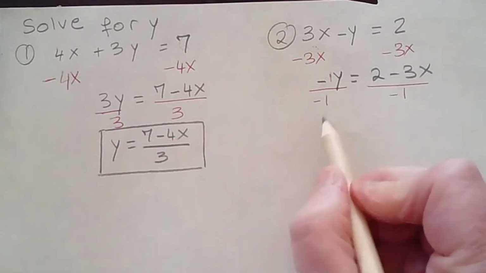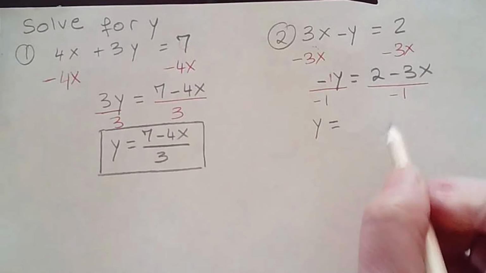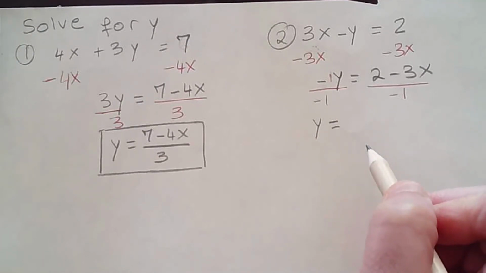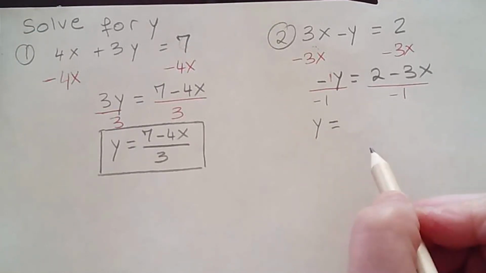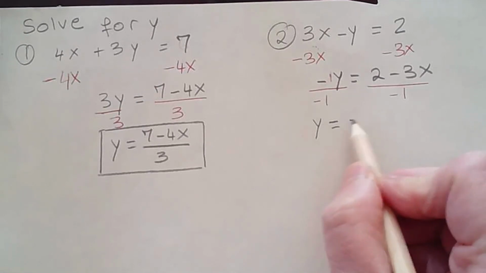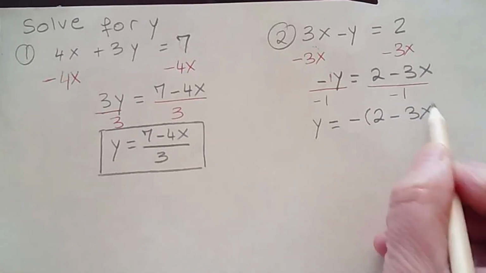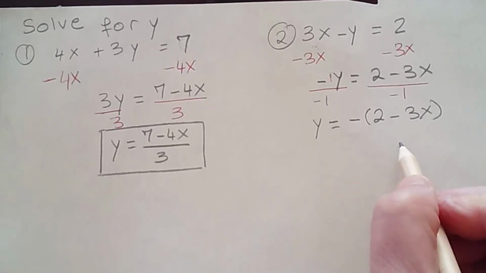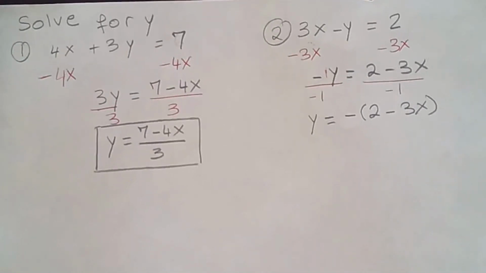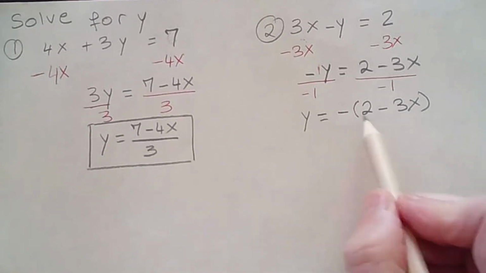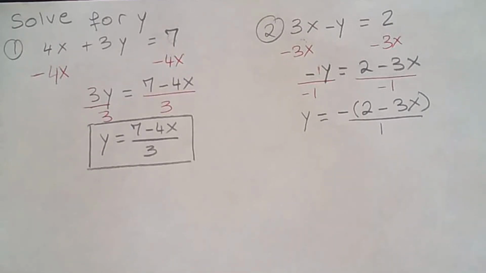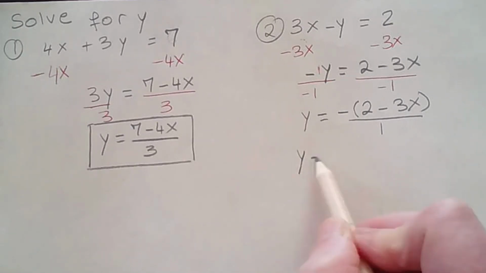So now that gives me y. Now if you recall, we don't like a negative in the denominator, so we can take it to the numerator. So it will be the same as negative, everything here, 2 minus 3x divided by 1. But you can ignore the 1, right? Or if you want to keep 1 for now, that's fine. So y gives us what?